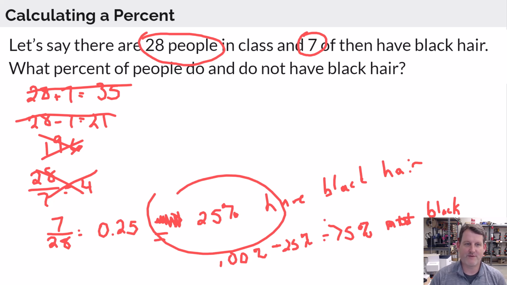Okay, so we found our 2 things. What percent of people do and do not have black hair? 25% have black hair, 75% do not have black hair.